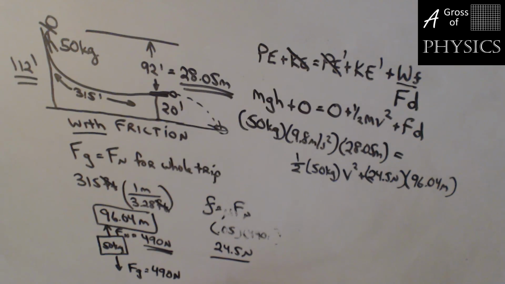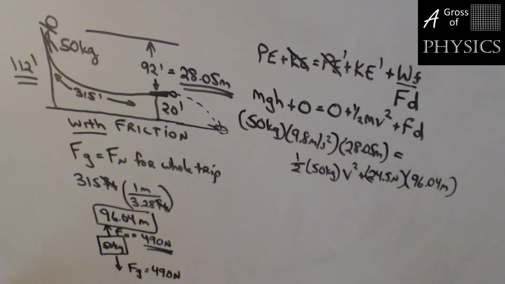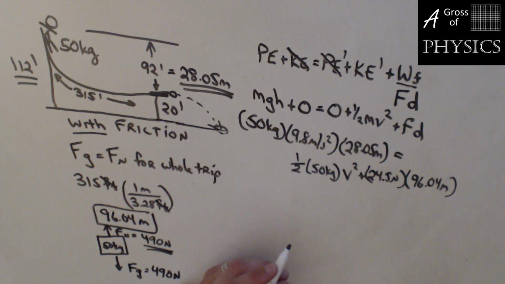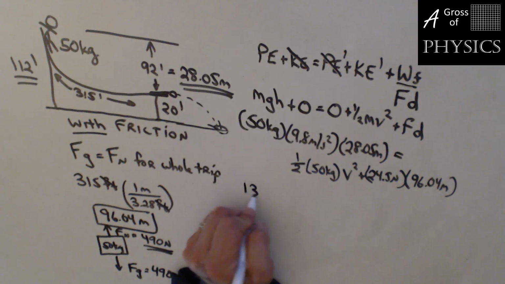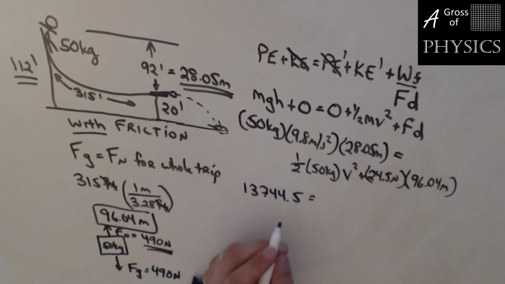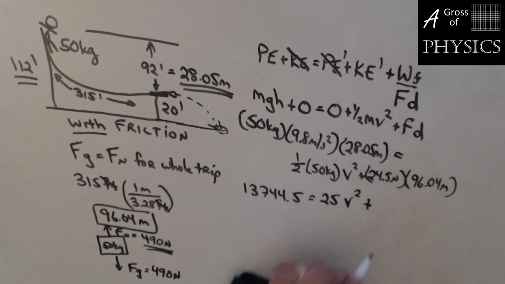So, I already erased half of this, so let me just get rid of the friction term, and we'll keep working. Now, this first term is 50 times 9.8 times 28.05. We get 13744.5 equals 1/2 of 50 is 25 v squared plus 24.5 times 96.04.